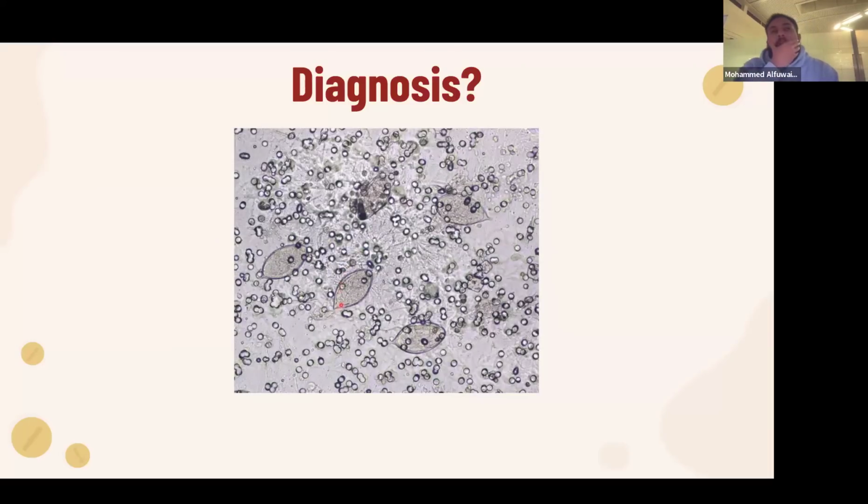Good. Now, what's very important for you to remember is what is the intermediate host for schistosoma? Freshwater snails. Good. What is the infective stage? Cercariae. Good.